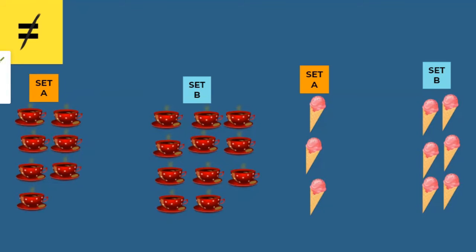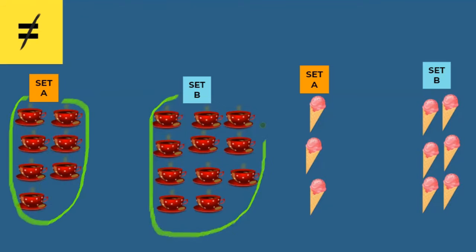So this group has 7 items or members, and the other group has 11 members or items. Are they the same? Do they have the same amount? No, that means they are not equal. They are not the same.